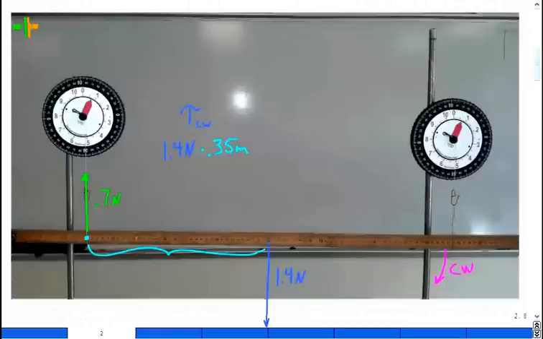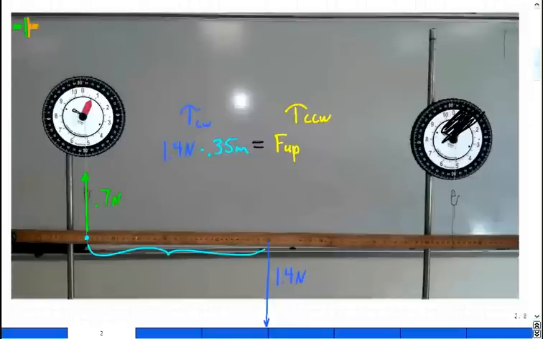But since I'm not cutting this string, let's say we didn't know what this was. Let's say we knew the mass of the stick, but we didn't know what the scale read. Well, we could set this equal to the counterclockwise torque. And we could say, well, we know there has to be a force acting up.